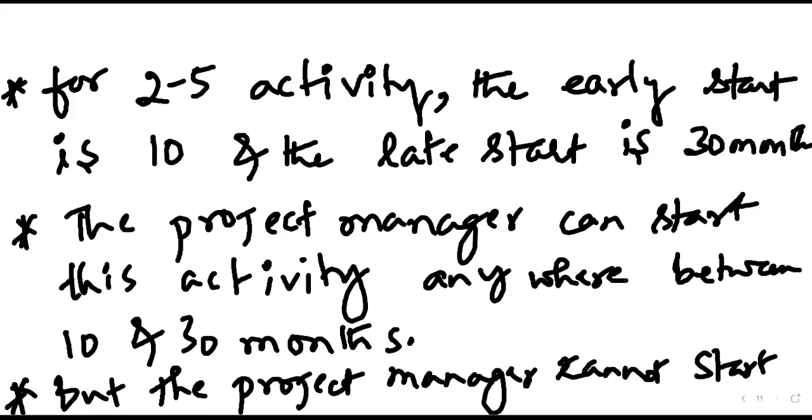Any doubts here? So the project manager can start this activity anywhere between the early start and the latest start, that is between 10 and 30 months. It is not going to impact the project completion duration.